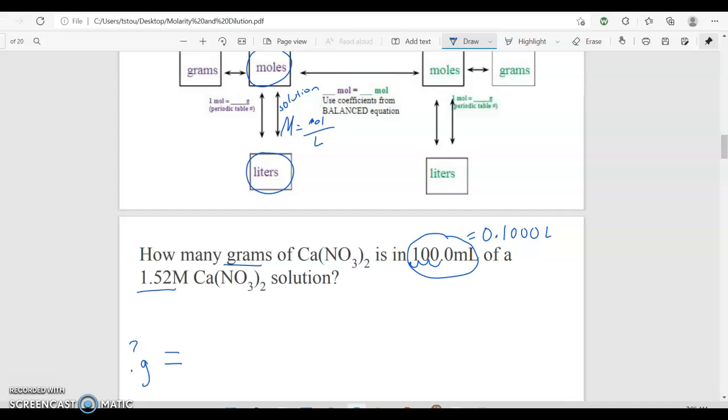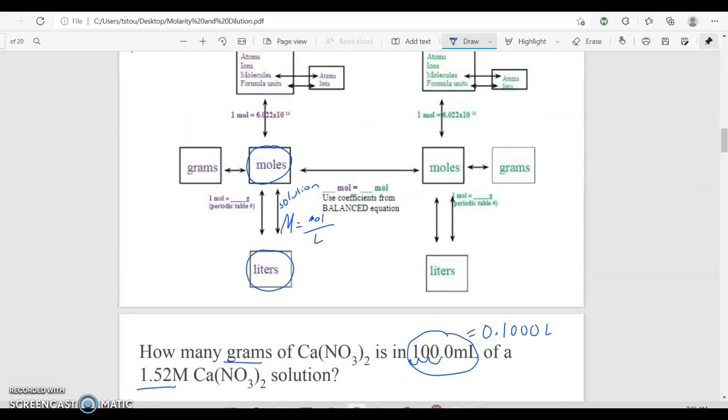So my question is, what number do I put on the other side of the equal sign? If I check out my map, you can only put stuff on the other side of the equal sign if they are a box, like a liters, a moles, a grams, compounds, which is the top part. But you can't put molarity in there because you'd be living in this like middle region here. Molarity can only be a conversion factor. It can't be like a living box, a starting and a finishing spot.